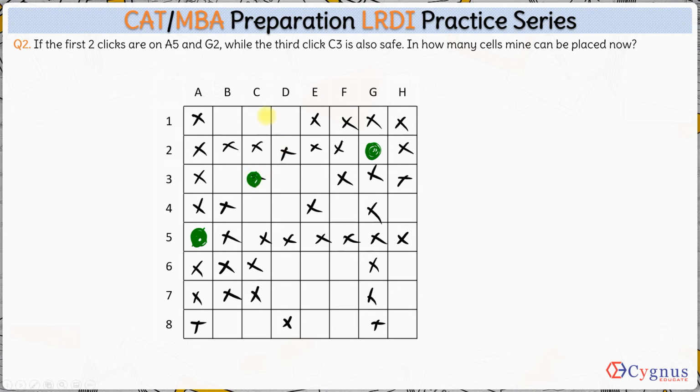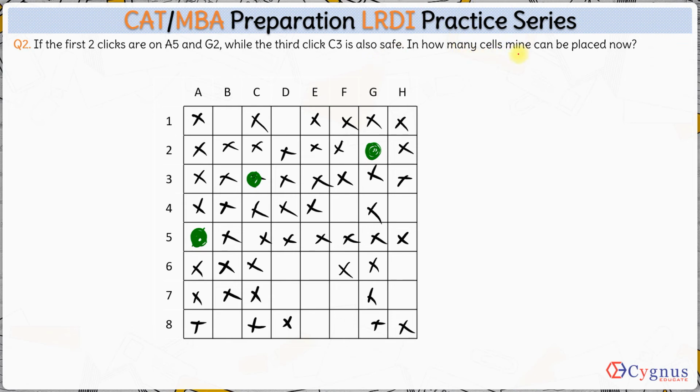Now since this is a safe click, there would be no mine in the same row, column or diagonal. So there will be no mine here, no mine over here, no mine in the same diagonal, and no mine in this diagonal as well. Okay, so there are no mines over here. So mines can only be in the empty cells right now.